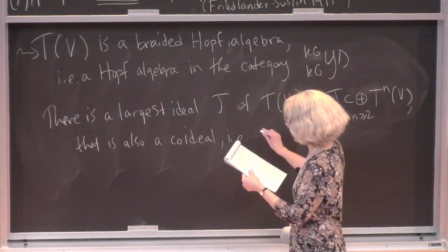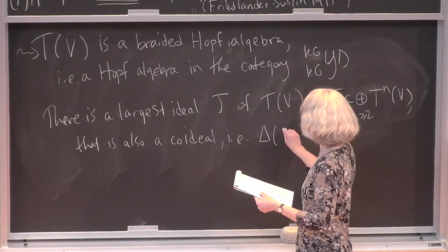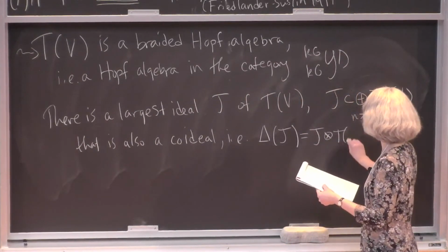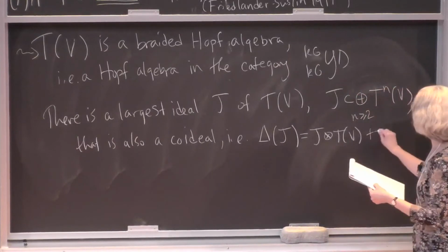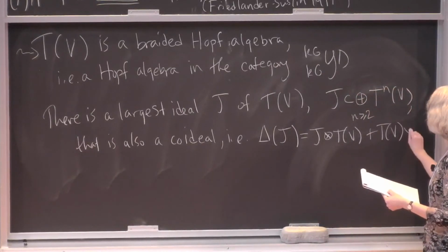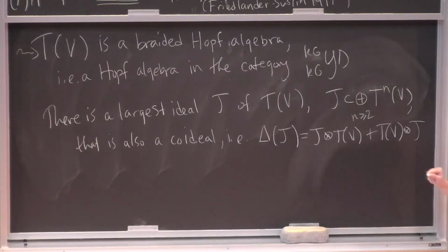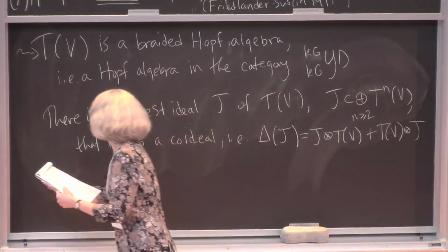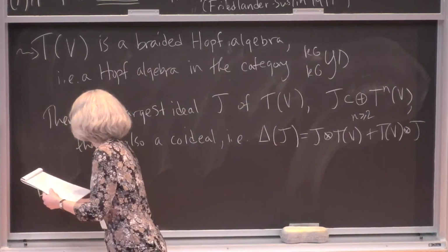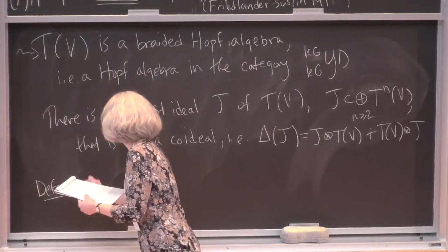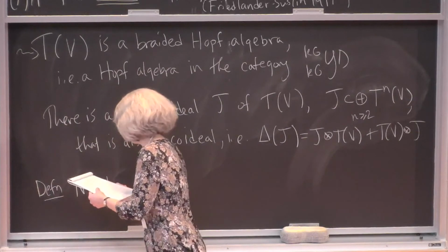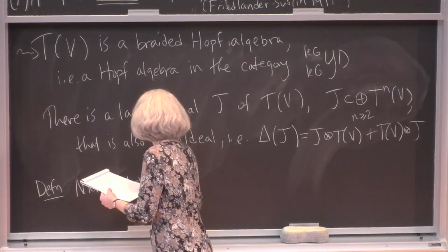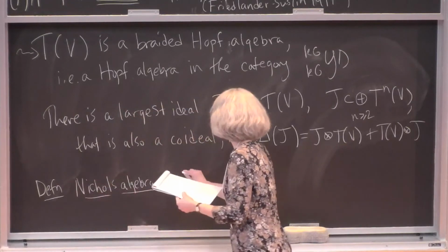And by that I mean the co-multiplication takes J to J tensor the whole tensor algebra, plus the tensor algebra tensor J. So this is the dual notion to an ideal of an algebra. There are many other ways to define it, but this just seemed like the shortest for today. The Nichols algebra is T of V mod J.